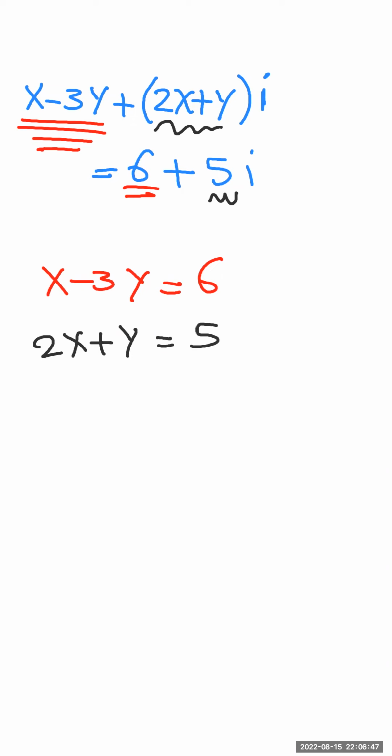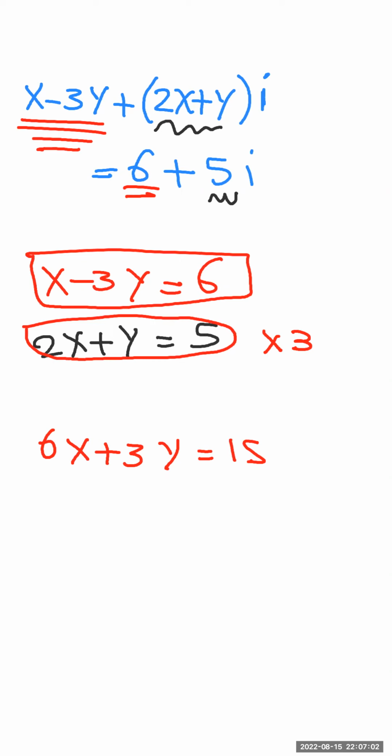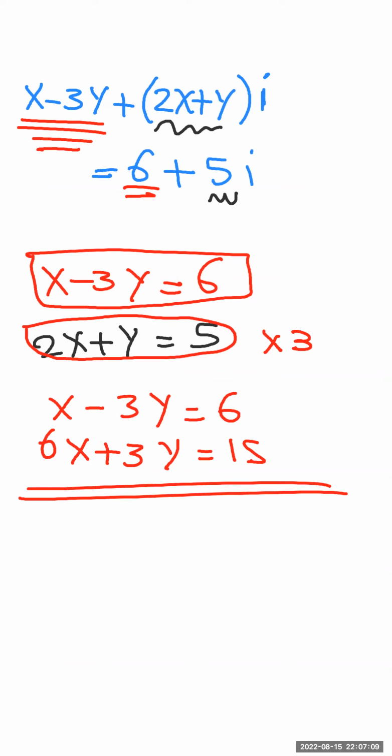Yes, correct. Okay, great. So I'm going to multiply the second equation by 3. So this equation will become 6x plus 3y equals 15. The first equation, I'm going to write it down again, x minus 3y equals 6. Now add the two equations. x plus 6x is 7x. These two terms are 0 because it's a number and its additive inverse.